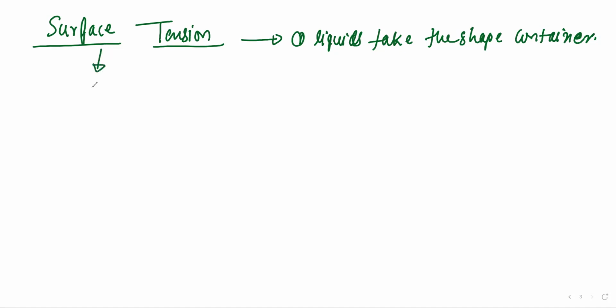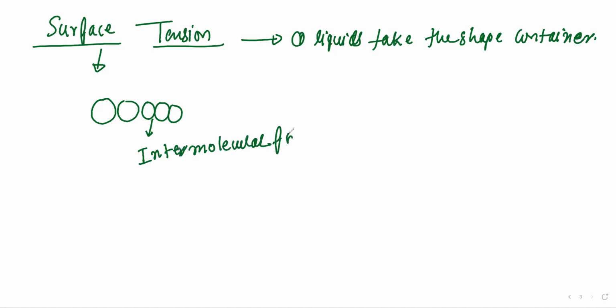For all these phenomena, a molecule in the bulk of the liquid experiences equal intermolecular forces from all sides, right? So when liquids are in spherical form, they experience a force from all sides due to the intermolecular forces of the liquid.